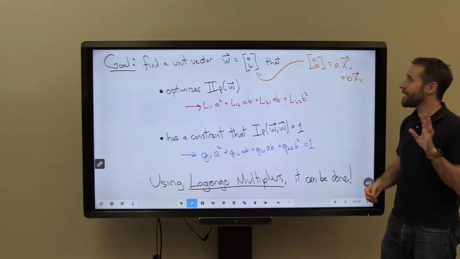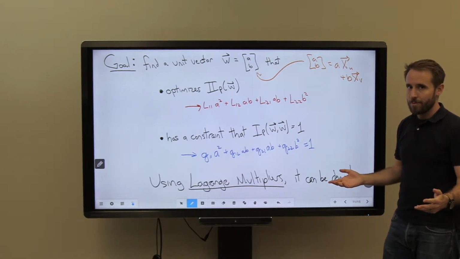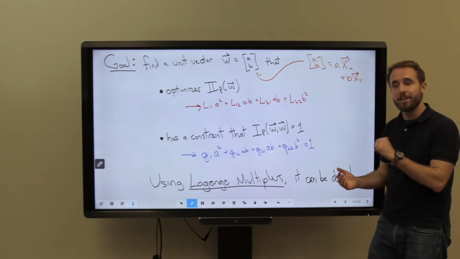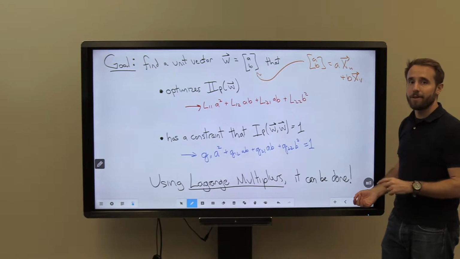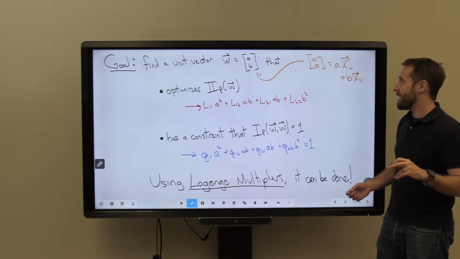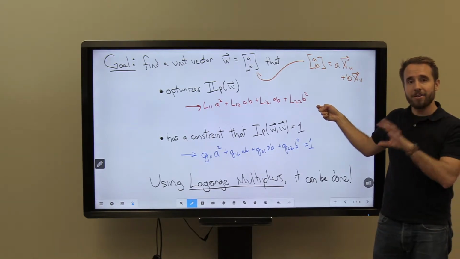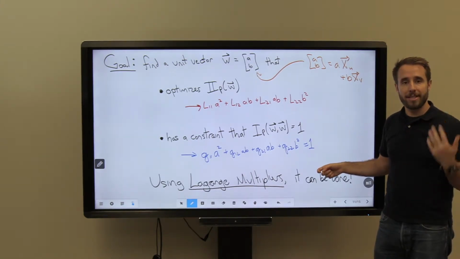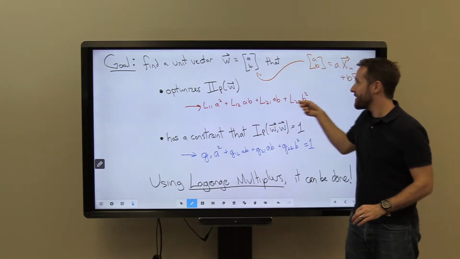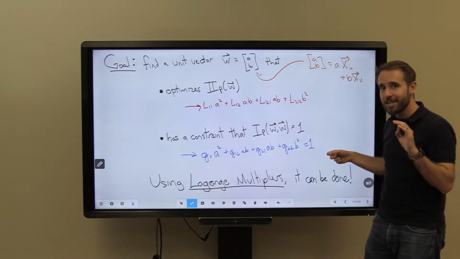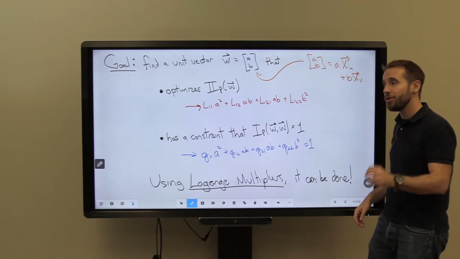So can we find a vector w that optimizes our second fundamental form, right? In other words, finds maximum or minimum values, finds extreme values for our second fundamental form. And that simplifies down to this equation involving our 4 entries in our second fundamental form. So we're trying to find maximums and minimums of this equation subject to a constraint that the only vectors we want to think about are our unit vectors.